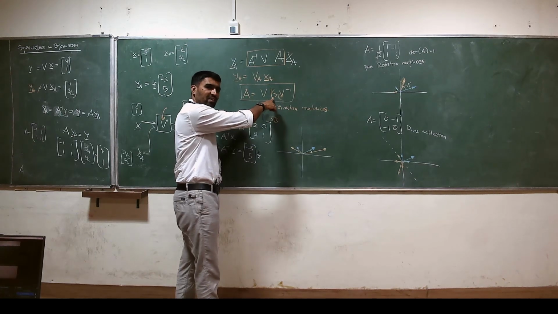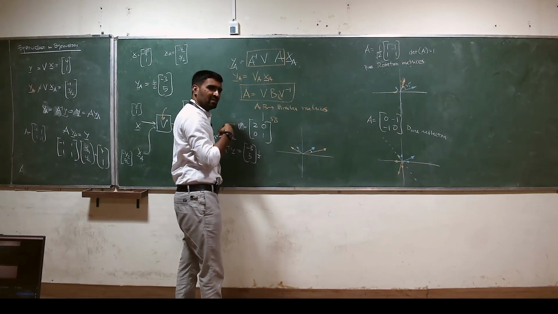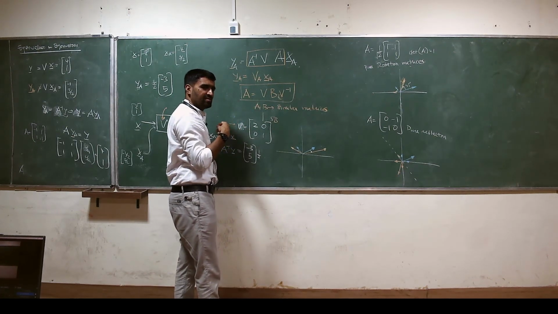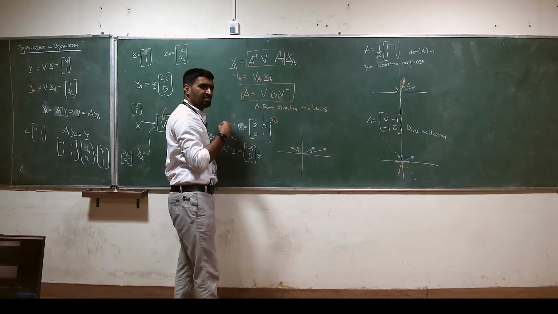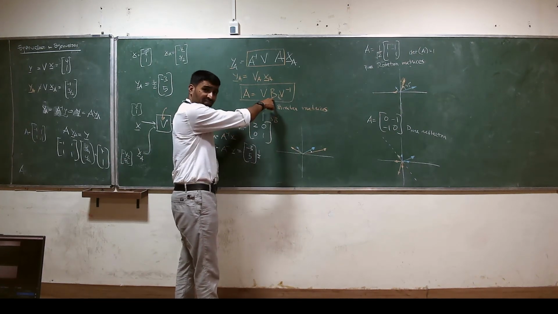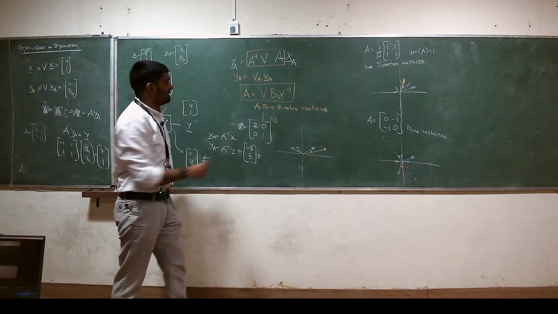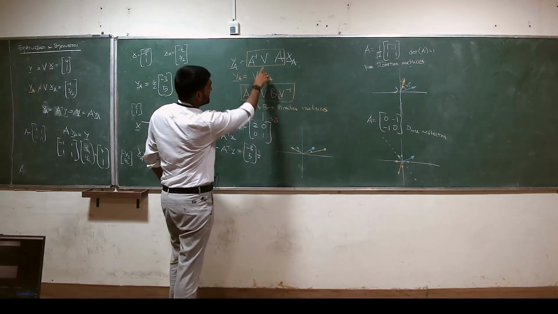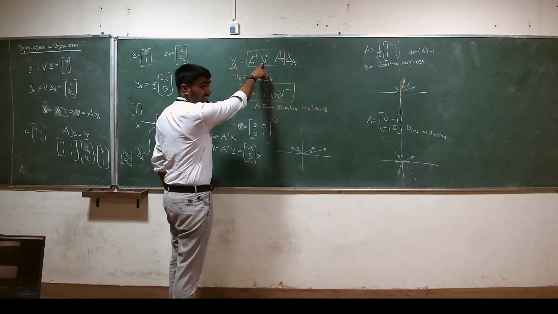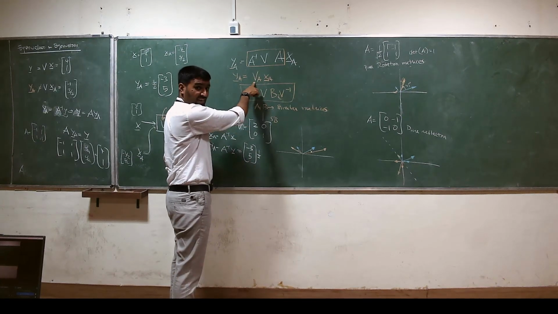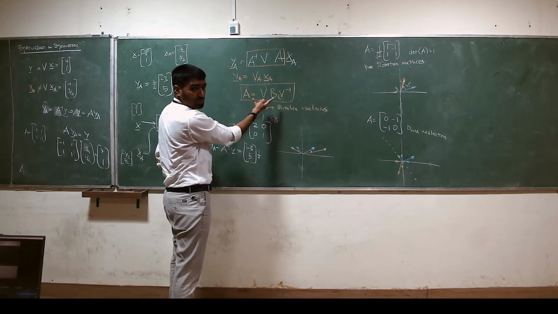What basis will B represent the same geometric operation in? Yes, it will be in the V basis, the basis formed by the columns of V. See, the difference between these two is, here V was in the standard basis, V_A was in the A basis. I've simply switched the two.